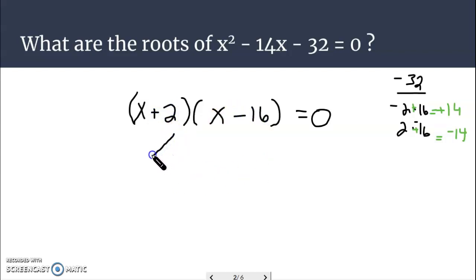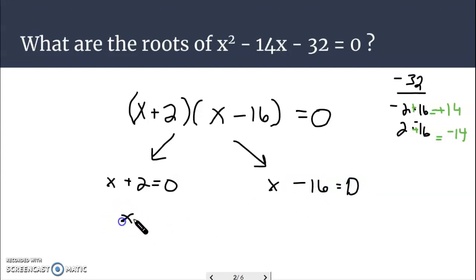Now we can think of this as two separate equations. Think of it as x plus 2 equals 0. Think of it as x minus 16 equals 0. Solving both of these for x, we get x to be negative 2 and x to be 16.